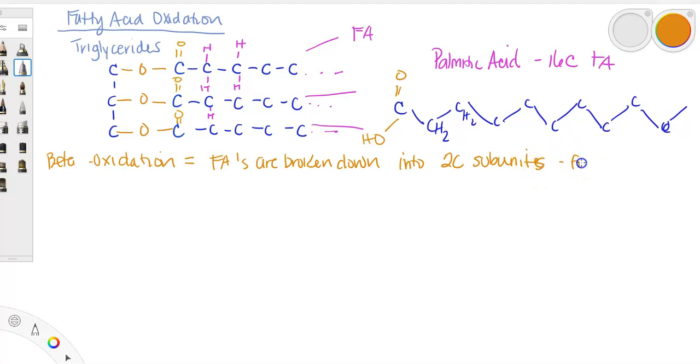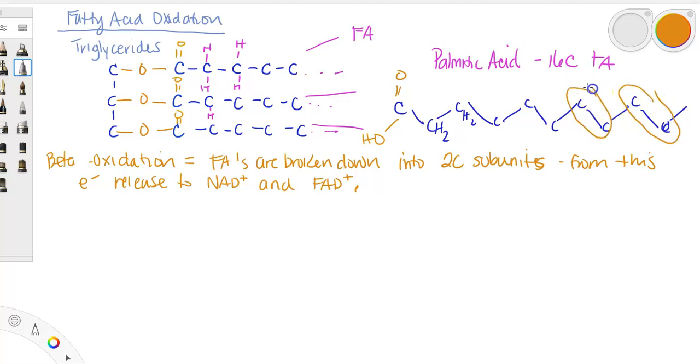And from this, high energy electrons are released to NAD and FAD plus. Okay, so those are the electron carriers. So each of those units becomes an acetyl-CoA. That's a 2, that's a 2, that's a 2, and so on.